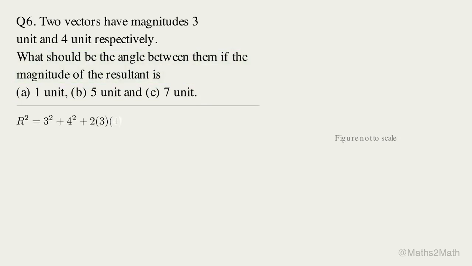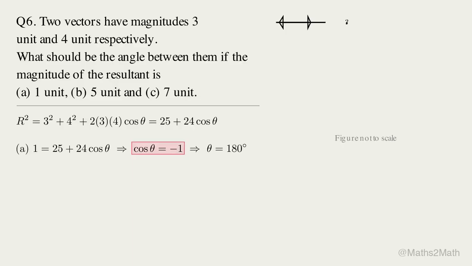By the parallelogram law, r squared is 9 plus 16 plus 24 cosine theta, which is 25 plus 24 cosine theta. For r equal to 1, 1 equals 25 plus 24 cosine theta, so cosine theta is minus 1. Theta is 180 degrees.